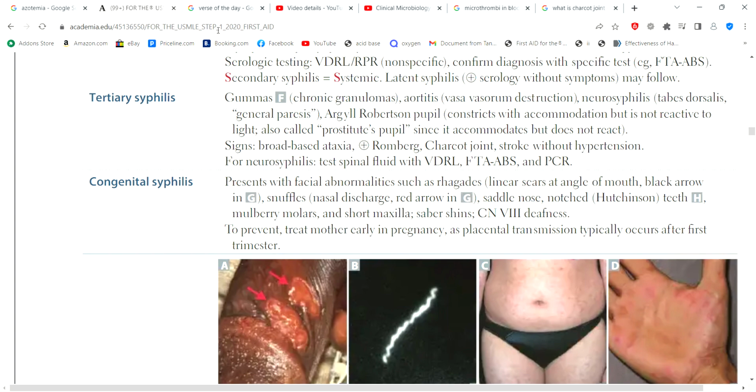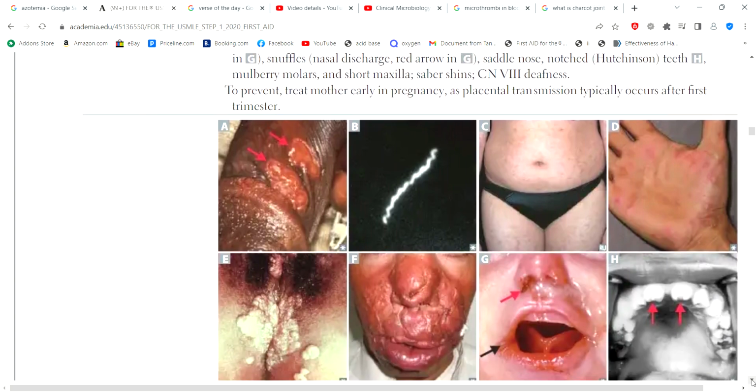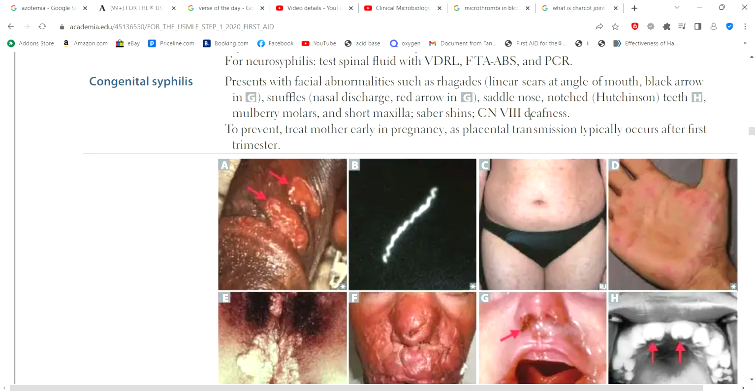Now congenital syphilis presents with facial abnormalities such as rhagades. Rhagades are linear scars at the angle of the mouth. So this is seen in picture G. Right here, that's called rhagades, scars at the angle of the mouth.